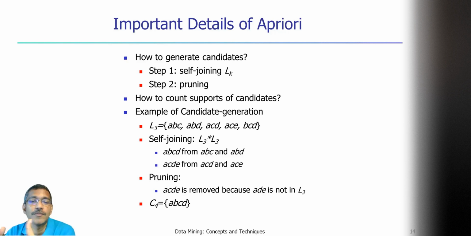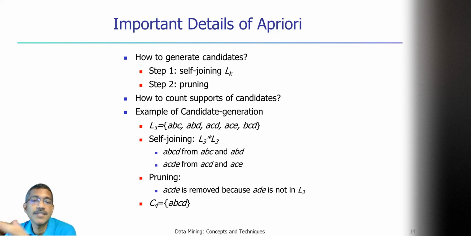But even without doing a scan, we can do a pruning. What is that prune? We can remove ACDE because one of the possible sub patterns is ADE, and we know that ADE is not in our set.